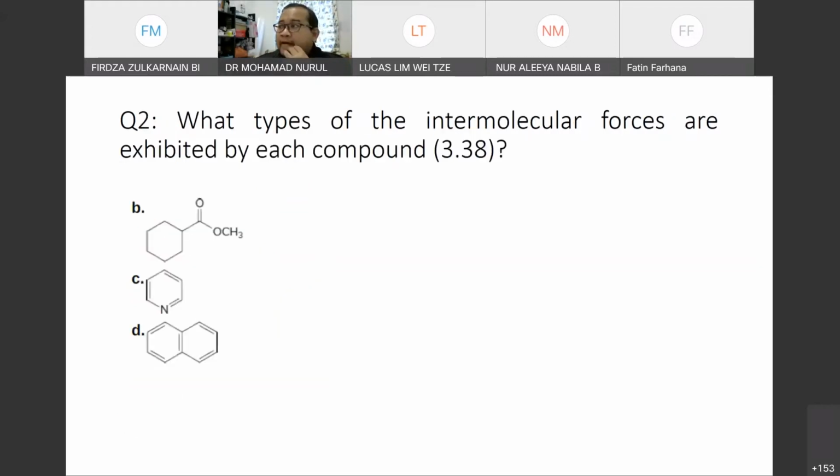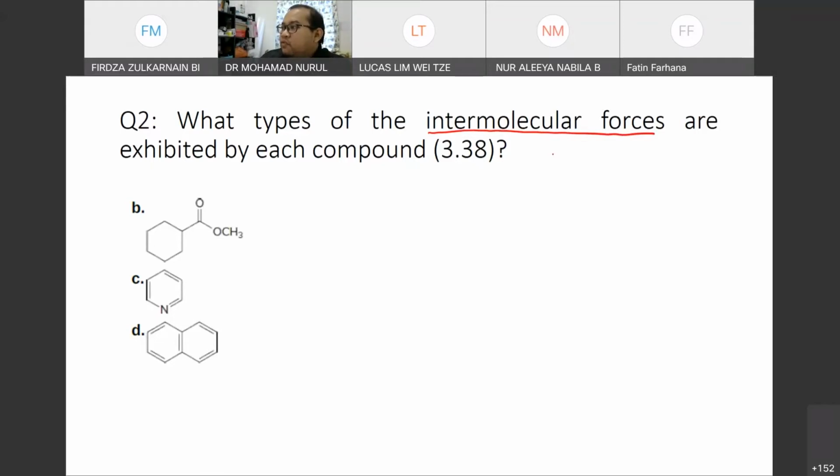Question number 2. What types of intermolecular force are exhibited in each compound? First, what we have to do is label the intermolecular force, what types they want. So you have to mention.